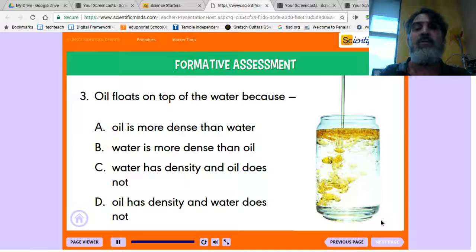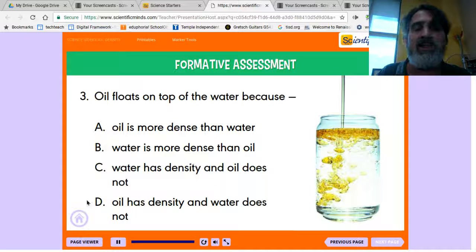Now, oil floats to the top of the water because oil is more dense than water. Okay, that doesn't sound like what we were just talking about. Okay, water is more dense than oil. Sounds pretty good. Okay, C, water has density and oil does not. That's just goofy.